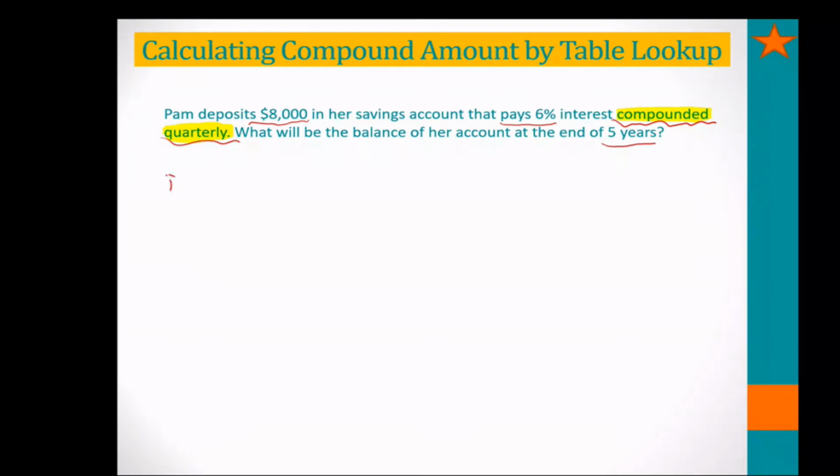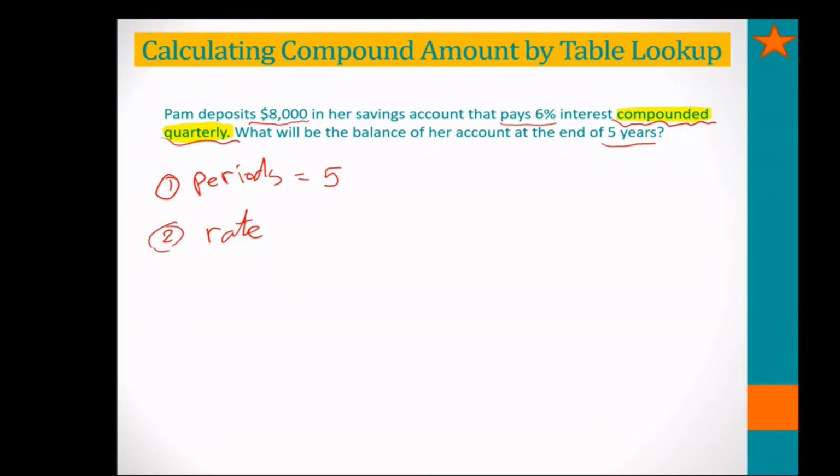First, I need to know how many periods I have here, and what the rate is for each period. How many years? 5 years.